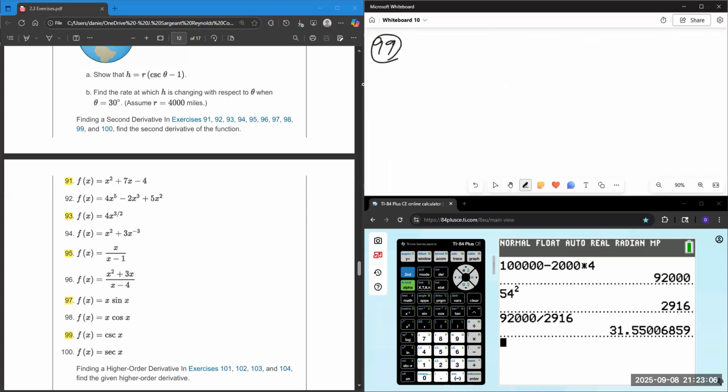f of x is equal to cosecant x. So f prime of x is negative cosecant x cotangent x.